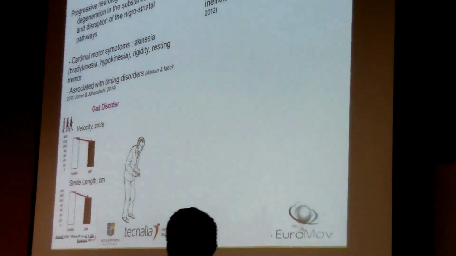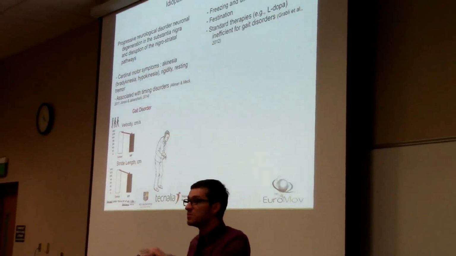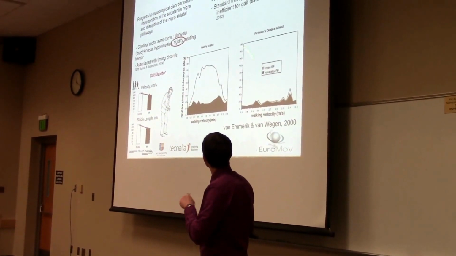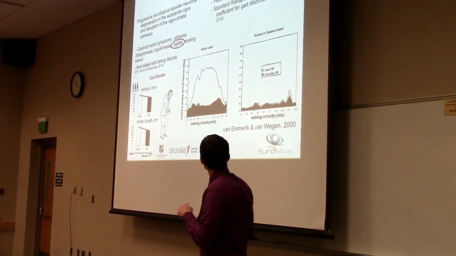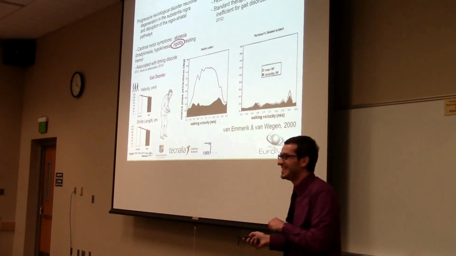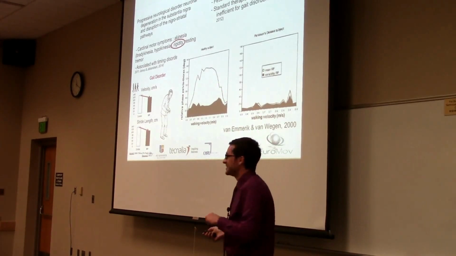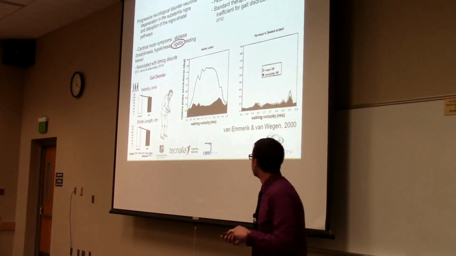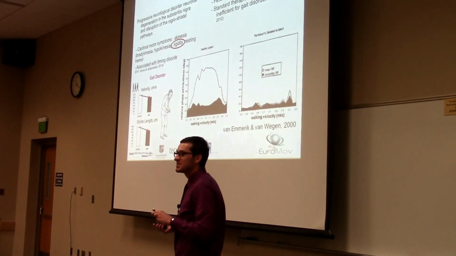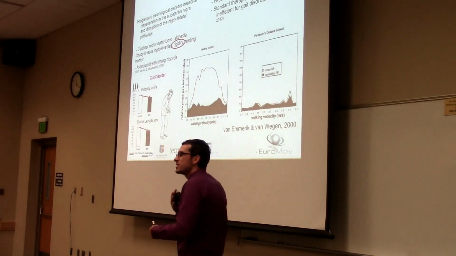Just to characterize the disease a little better, let me give you something you might be more familiar with. The rigidity is very interesting. This is a figure from Van Emmerik. Patients become overly coordinated.